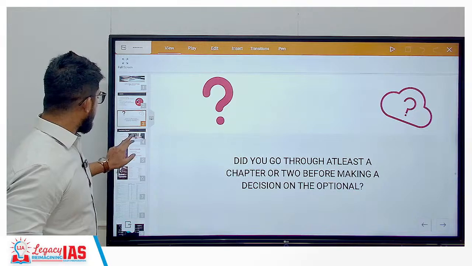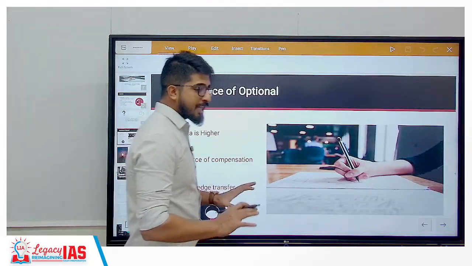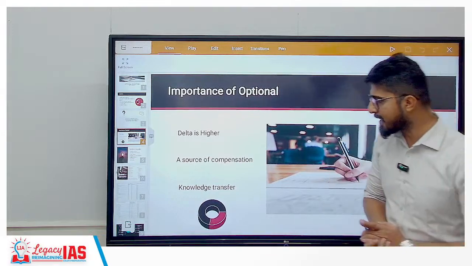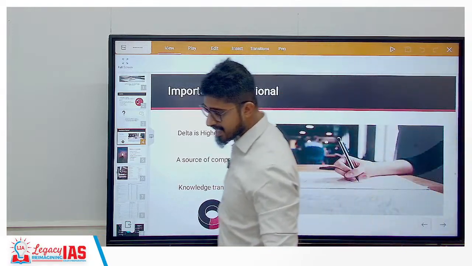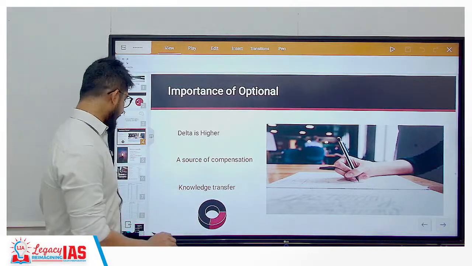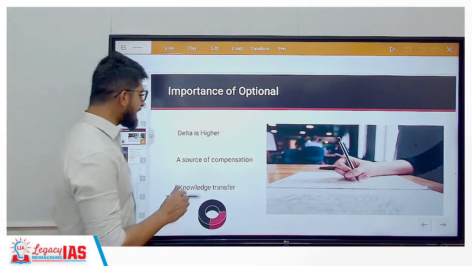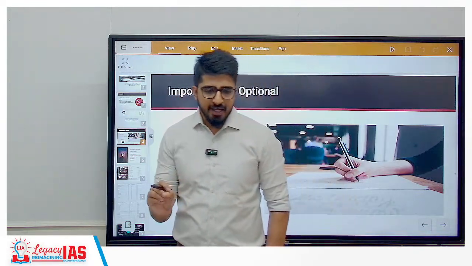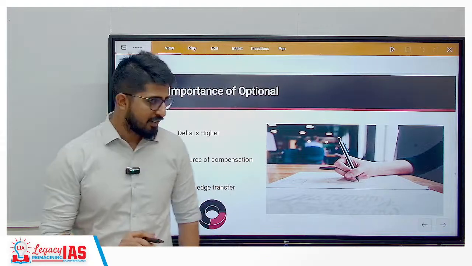Now, the first aspect is the importance of the optional. How important is the optional subject? The first thing is the delta is higher. What is this delta I am talking about? The delta is just the difference it is going to make in the scores.